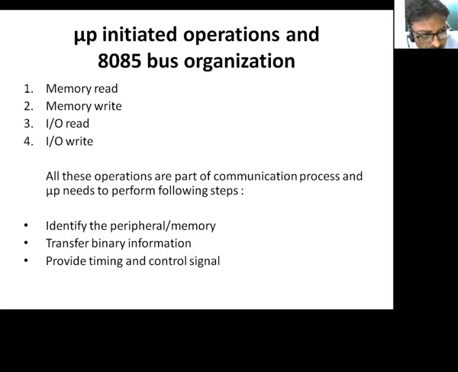For all these kinds of operations, the microprocessor requires communication, and this communication can be done with the help of a certain set of wires which are called in totality the buses. Buses are nothing but sets of wires which carry information from one place to another, either in the form of an address, a control signal, a timing signal, or data.